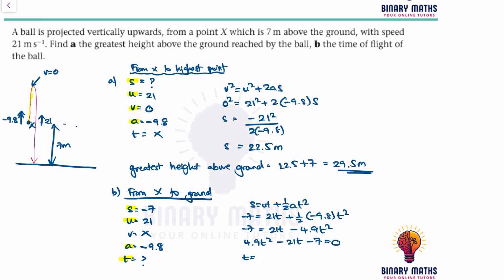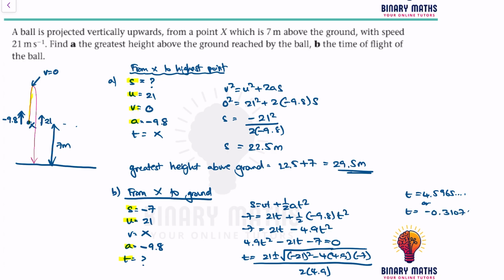Using the quadratic formula, t will be equal to 21 plus or minus the square root of 21 squared minus 4 times 4.9 times minus 7, all over 2 times 4.9, which means t is equal to 4.5965 and so on, or t is equal to negative 0.31079.